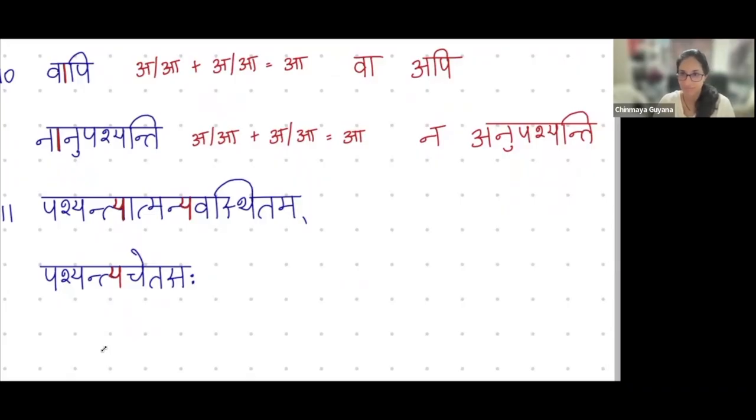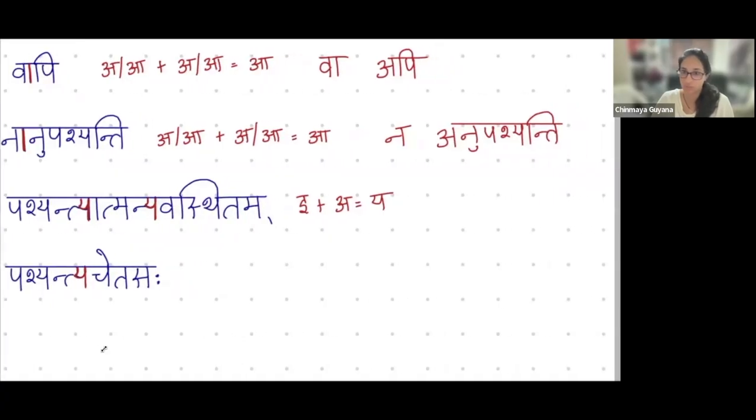Paśyantyātmanyavasthitam. Big looking word. Two sandhis in there. So same sandhi comes both times in that. Ya is made from i plus ā equals yā. So now this should have broken very easily.